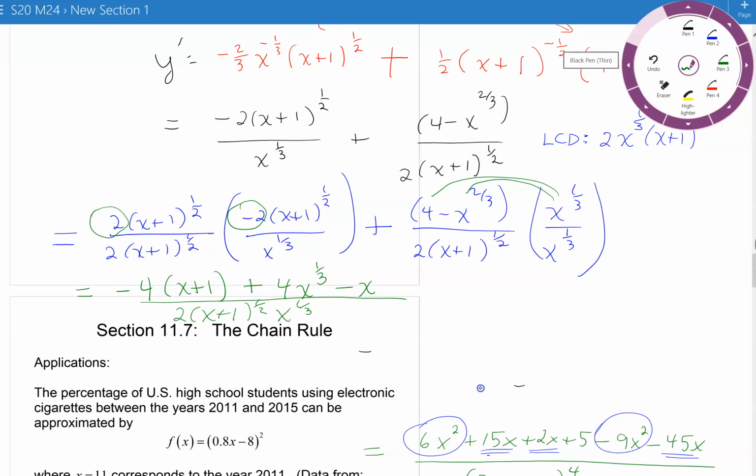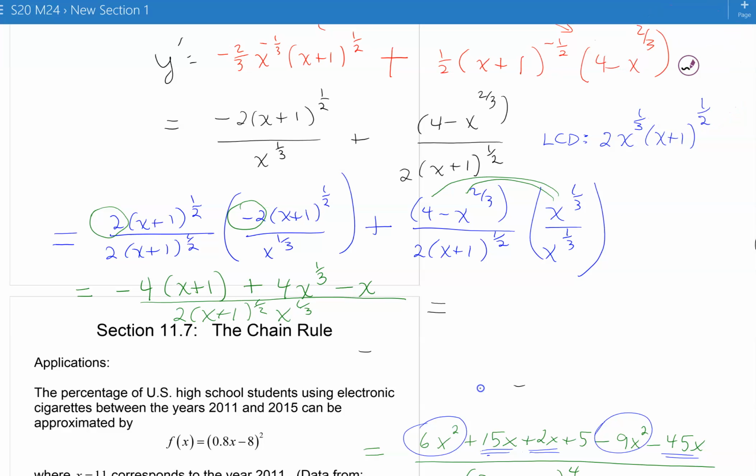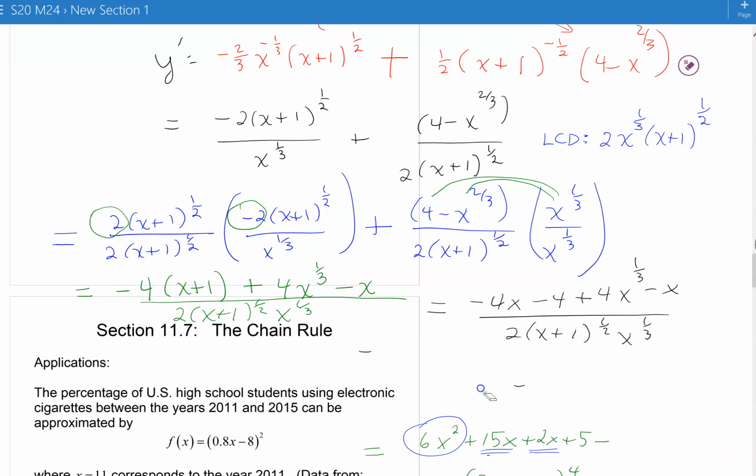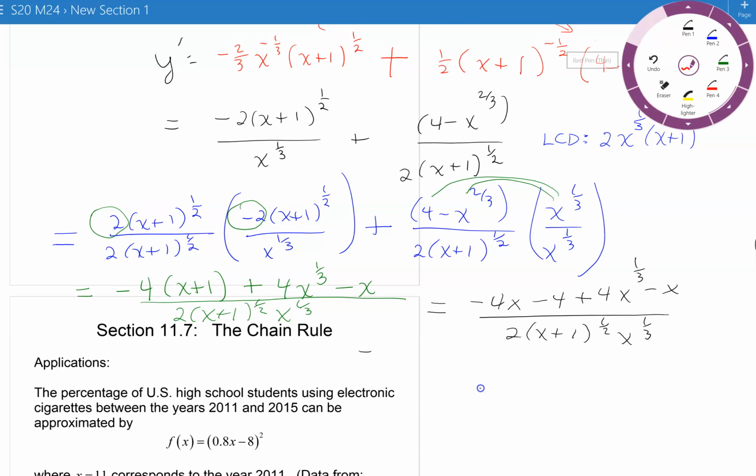We're almost there. Next to the last step, -4x minus 4 plus 4x to the 1/3 minus x over my denominator. And now we're on our last step.